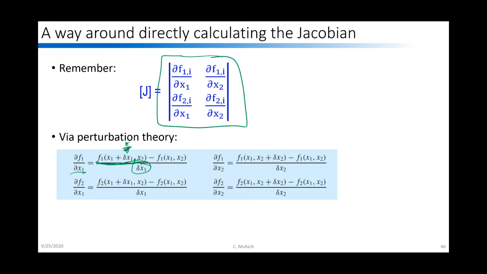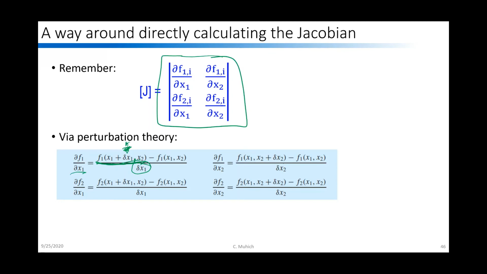And I can do the same thing for my partial derivative with respect to x2, being the function value at x1 and x2 plus perturbation times x2, minus f1 of x1, x2, over delta x2.